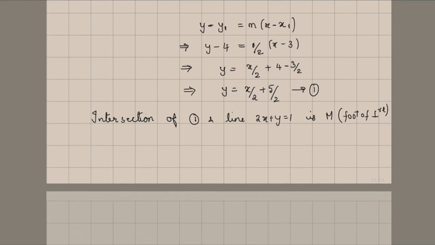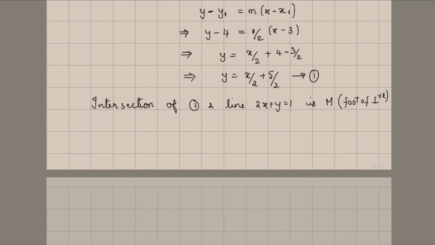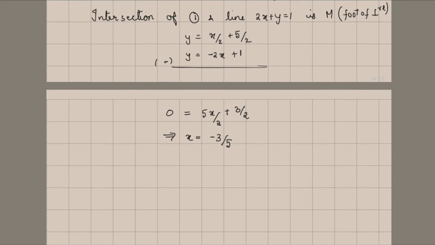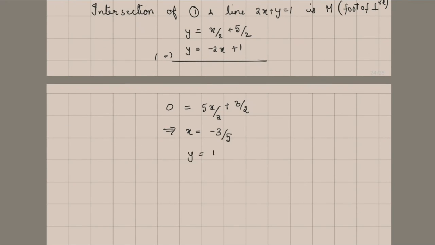If you subtract these two, y equals x by 2 plus 5 by 2, this is equation 1, and similarly y equals minus 2x plus 1, this is another equation. If you subtract these two, you get 0 equals 5x by 2 plus 3 by 2, which gives x equals minus 3 by 5. Similarly, y equals 11 by 5.